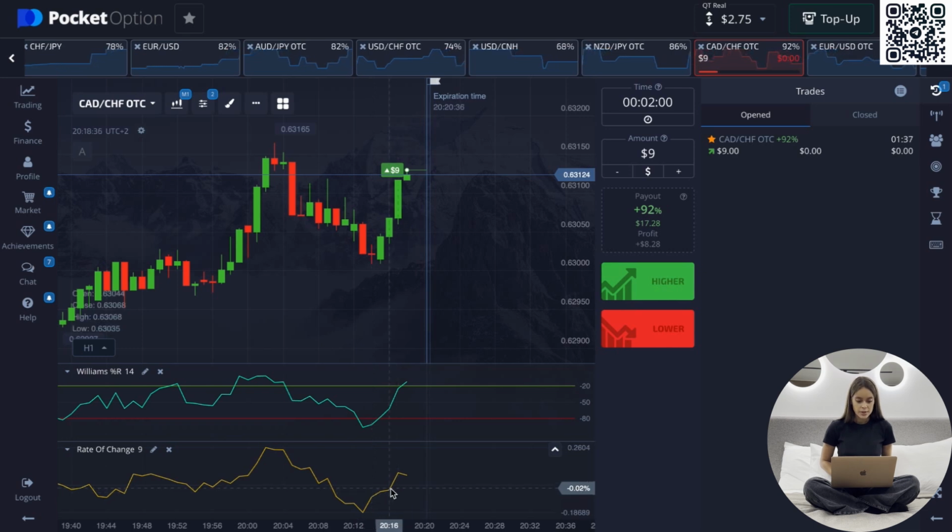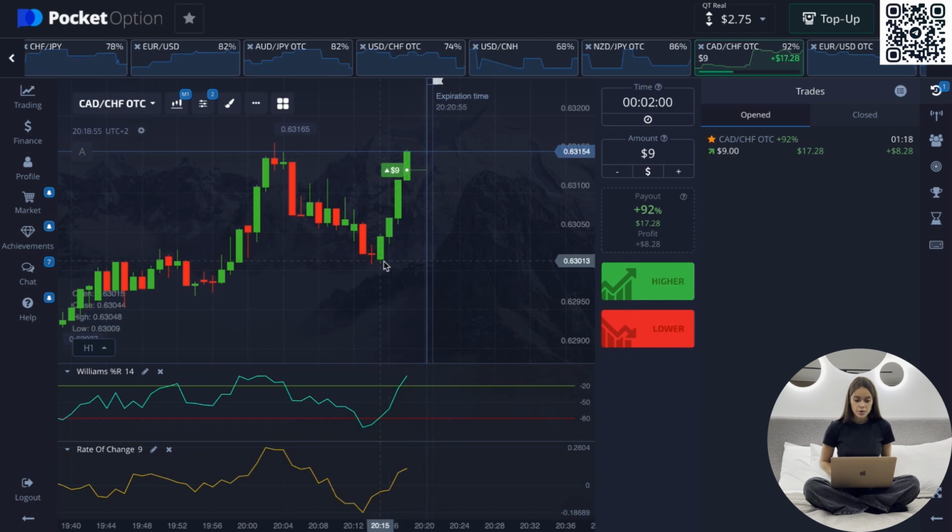And also at this moment on the Rate of Change indicator, the price was significantly below the -0.05% level. After that, we saw the intersection of the zero line on the Rate of Change indicator from bottom up on this candle. And actually, it wasn't so late that I opened a deal for an increase on this candle. And I think that the price will continue to go in an upward direction.